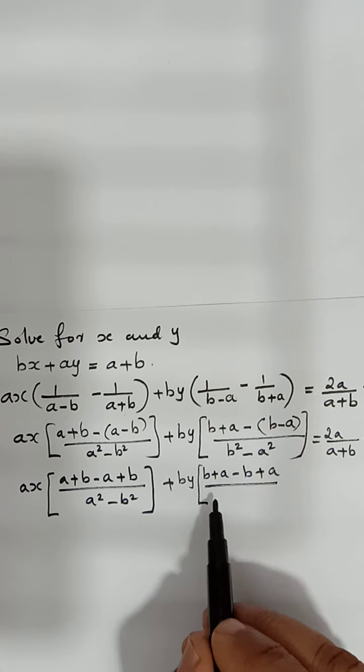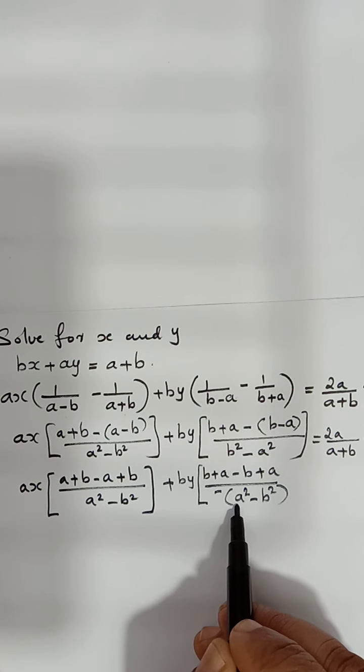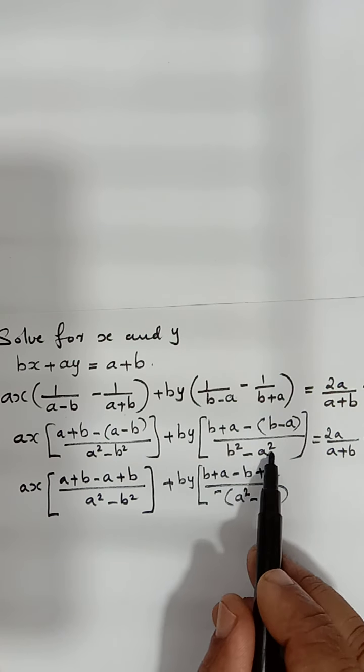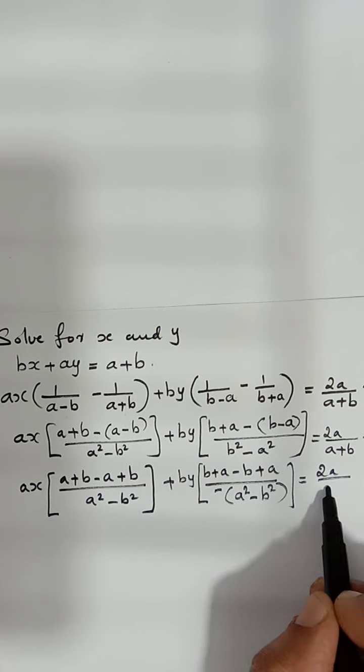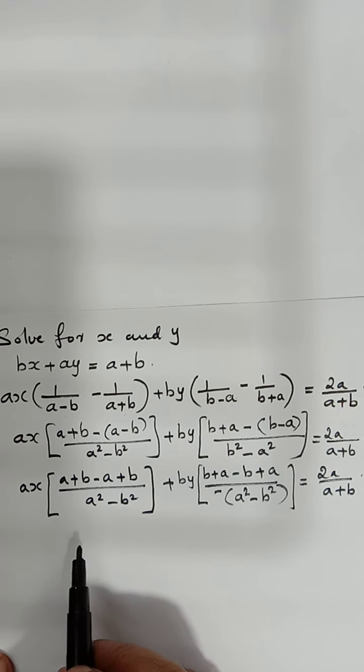I will take out negative so that we can write it as a square minus b square. When you open it, it will be minus a square plus b square. It is the same, minus a square plus b square. Okay, that's equal to 2a by a plus b. It is for making the same denominator.